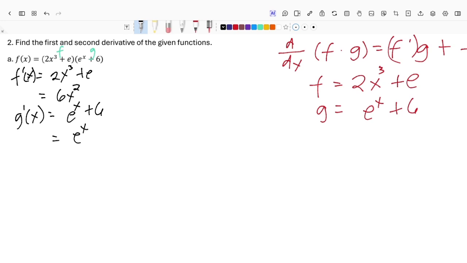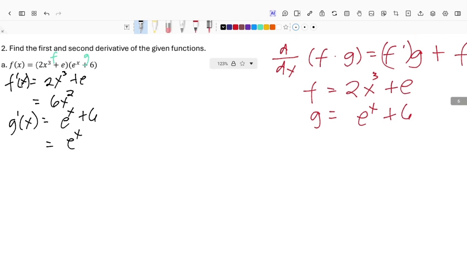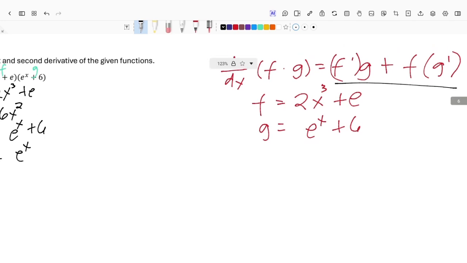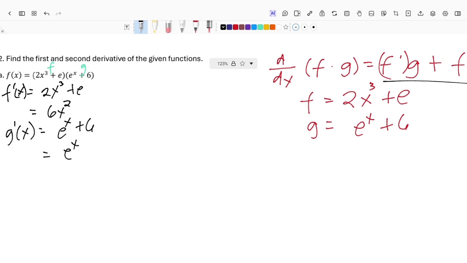So now let's substitute this to our formula here. So the value of f prime of x is 6x squared, and our g prime of x is equal to e^x.